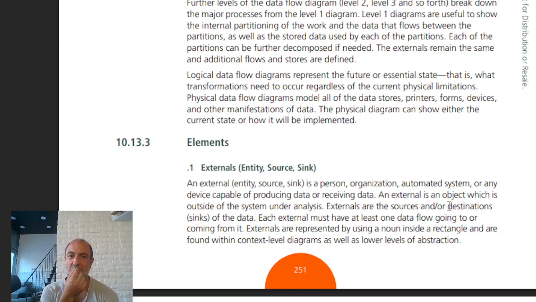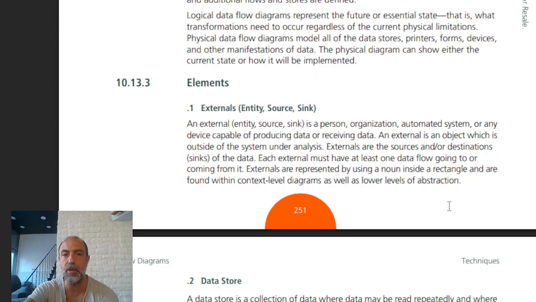Because ultimately I feel like the physical data flow diagrams are modeling where every output of data happens and where every input happens, whether it comes from a computer or ends up on a server somewhere, right? And the physical diagram can show either the current state or how it will be implemented.